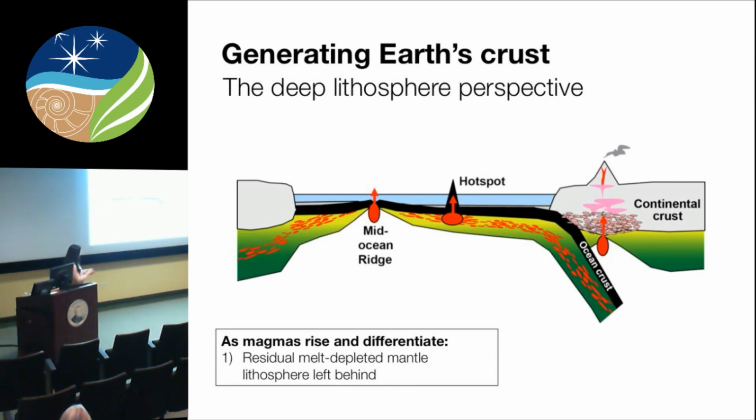So I'm also interested in how the lithospheric mantle evolves during crust formation. So we know that when we melt the mantle, we generate a basalt, and then we leave behind a depleted mantle residue, which has been depleted of things like calcium, aluminum, sodium, to form those basalts. So how does this lithospheric mantle evolve over time?